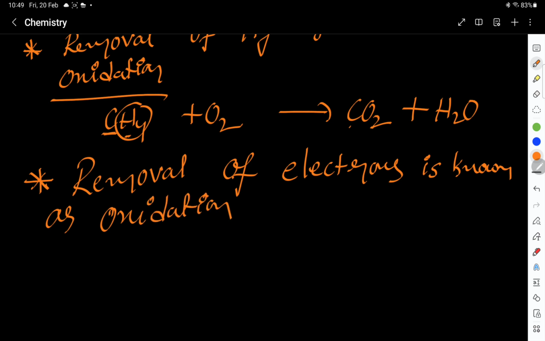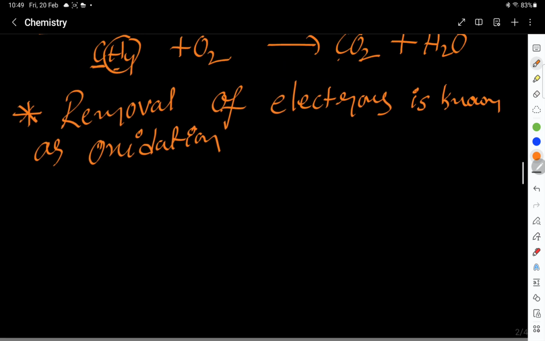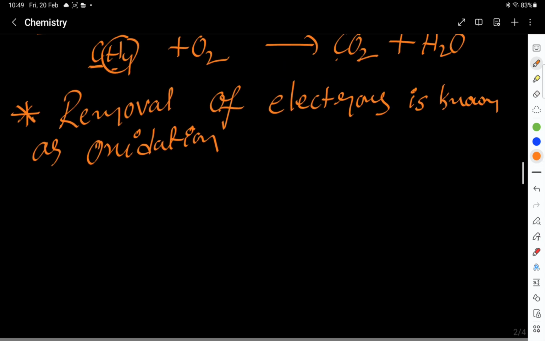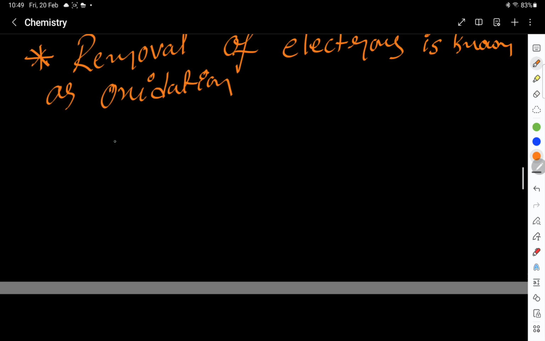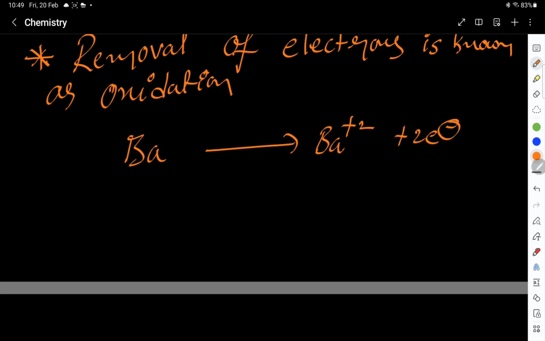So, what do you mean by removal of electrons is called oxidation? For example, if I take some metal like barium, if it releases 2 electrons and converts to Ba plus 2, this process we can call oxidation.